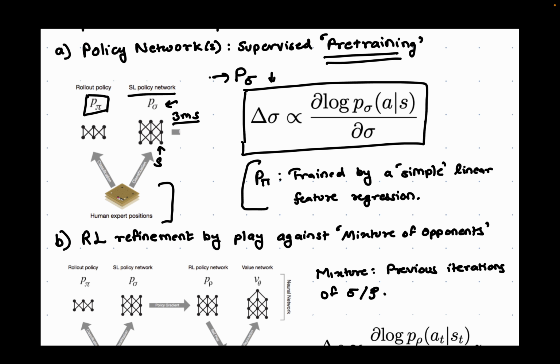Now since it is so simple, it is actually quite far from what humans would do. It mimics the human move about 0.26 times, or 26% right, as against this policy which does it about 0.57. 0.57 is, by the way, very large, because you have a lot of moves you can play at the start of the game.